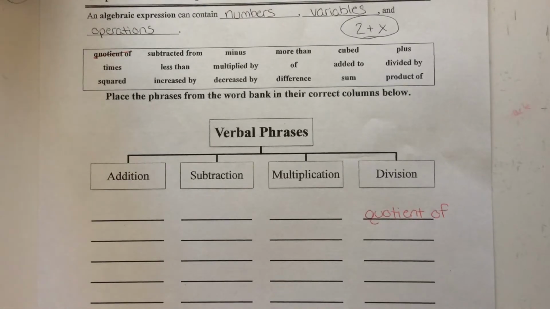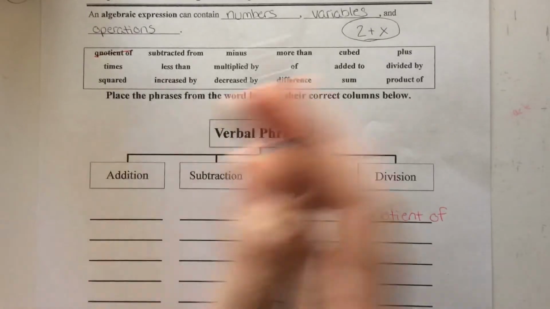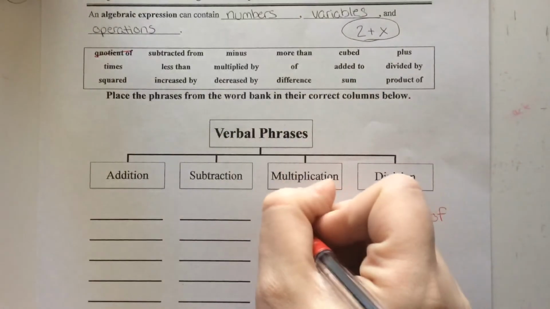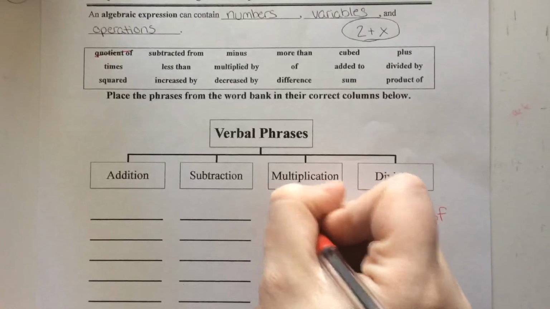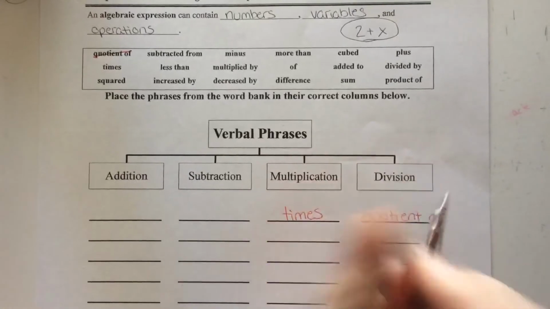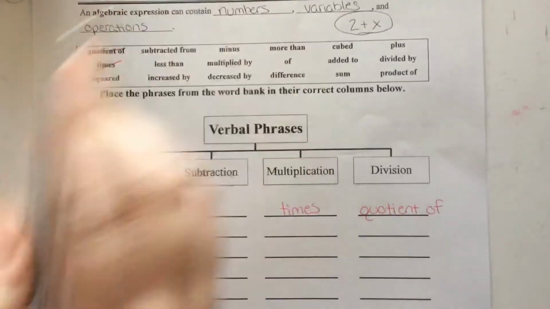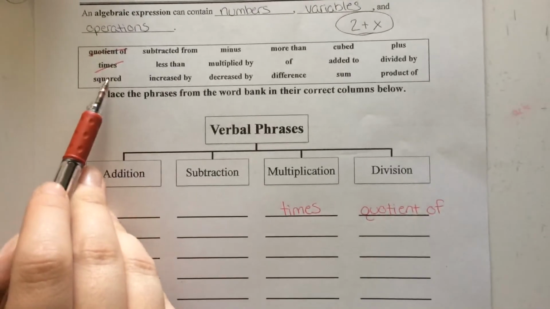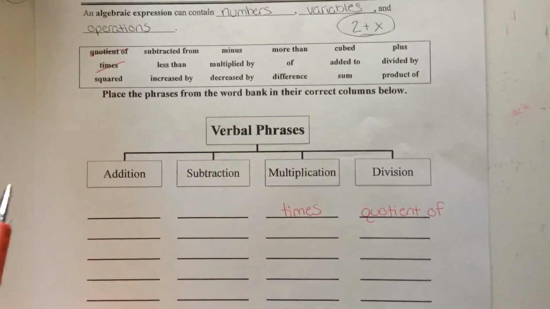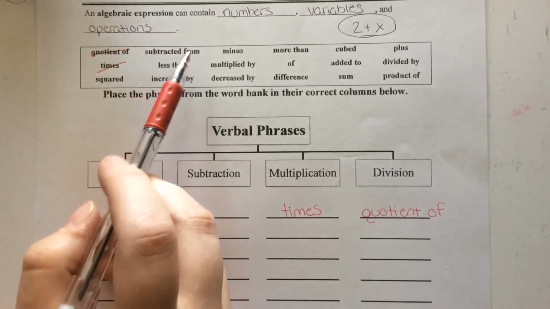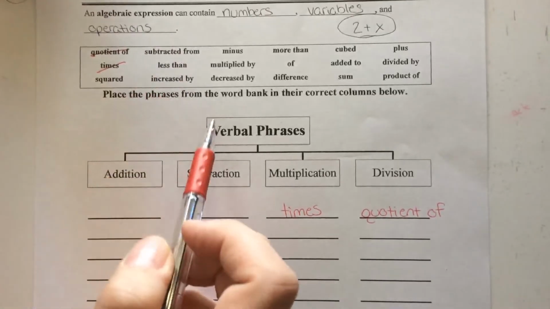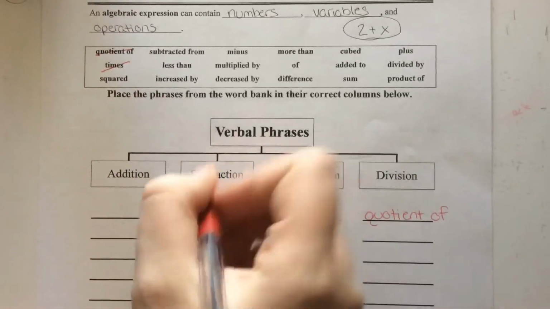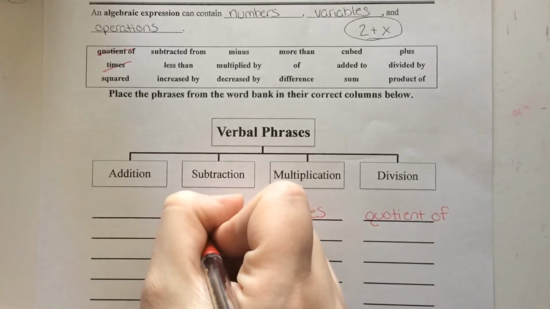You've heard this before in everyday math classes. So times always goes with multiplication. Squared is different. I'm going to skip this one and come back to it. Subtracted from. Well, the word is right there in the phrase, subtraction.